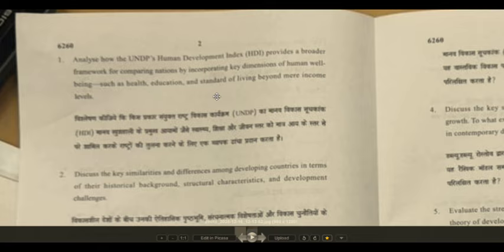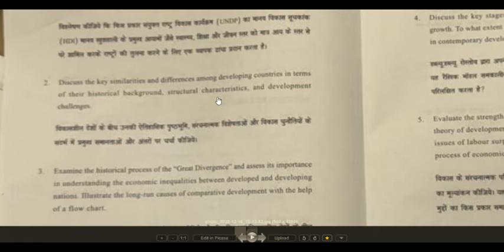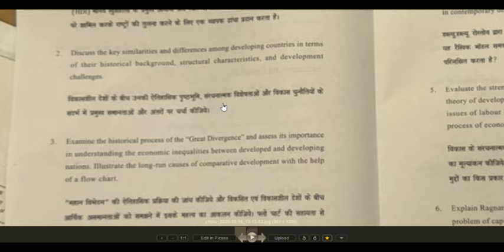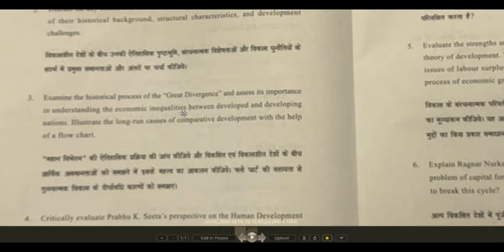So basically, we have got to explain the whole HDI methodology, its changes, its criticisms, and all. Okay. Question 2, key similarity and differences. Again, similar question from Unit 1. Question 3, examine the historical process of great divergence.